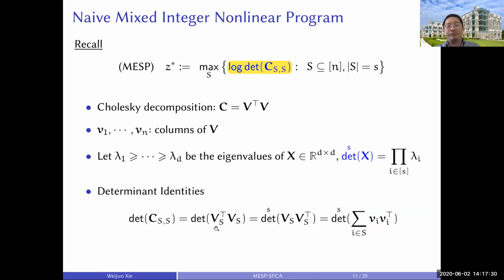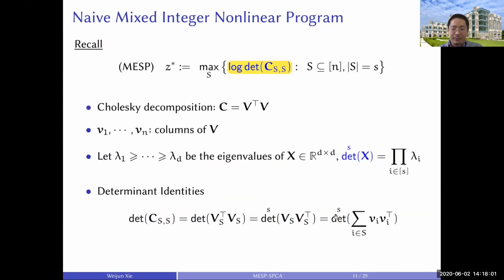We know VV transpose and V transpose V have the same non-trivial eigenvalues, so this identity follows. Whenever we see VV transpose in this form, we immediately realize it becomes a summation of rank-one matrices. Using this summation of rank-one matrices, we are able to show that.